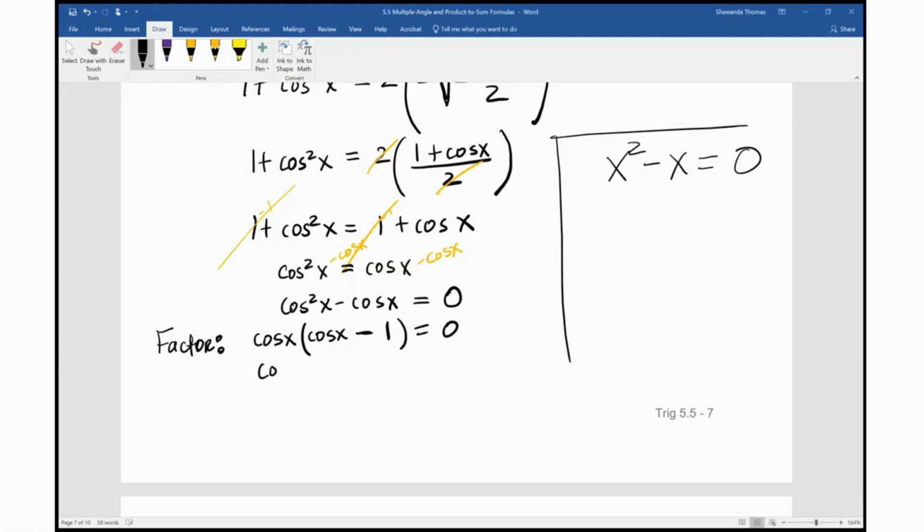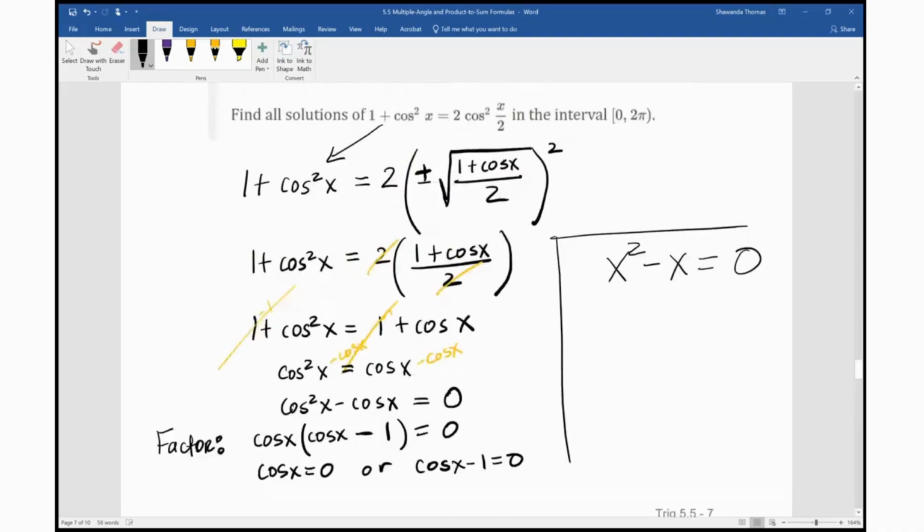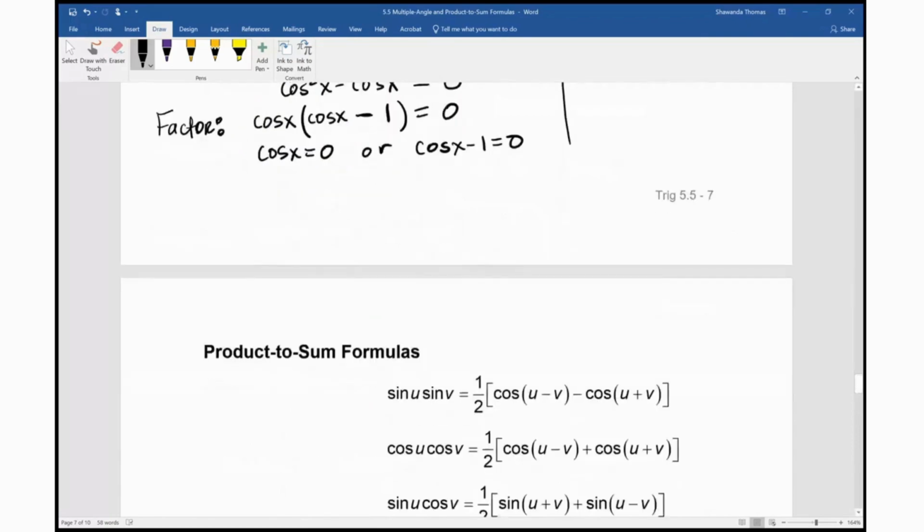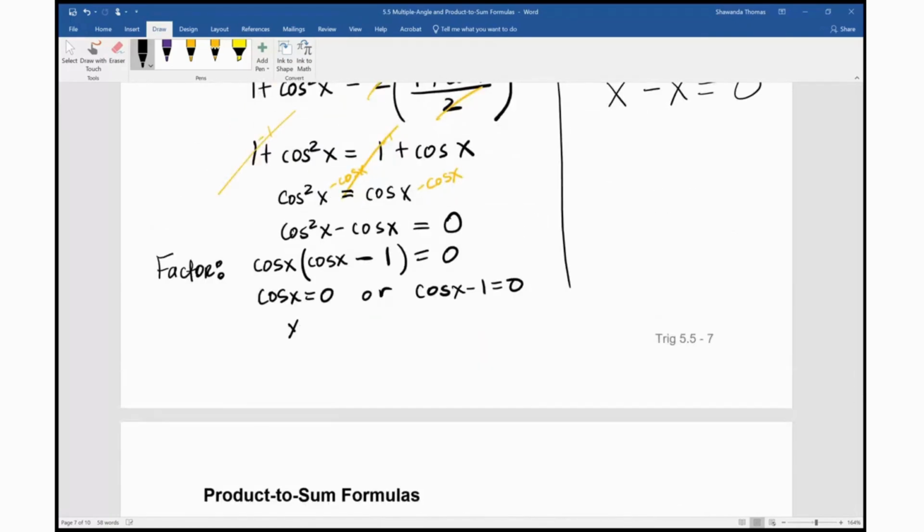All right, yeah. Cosine x equals 0 or cosine x minus 1 equals 0. So only after we factor can we set things to 0. This problem, the answers are between 0 and 2 pi, thankfully. So when is cosine 0?